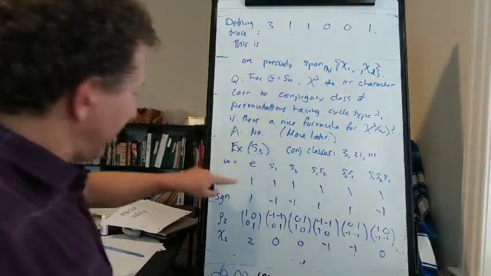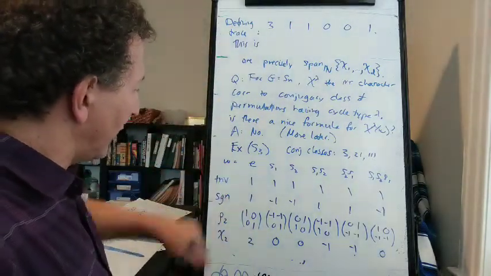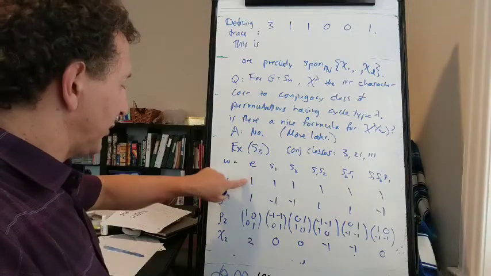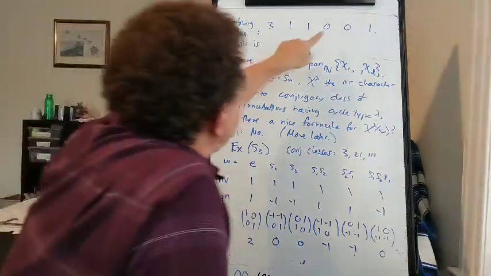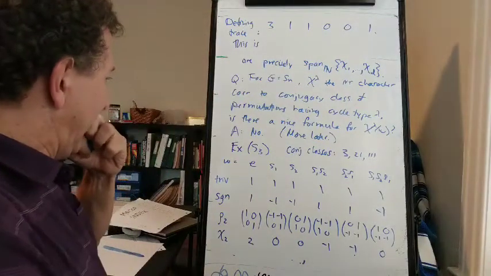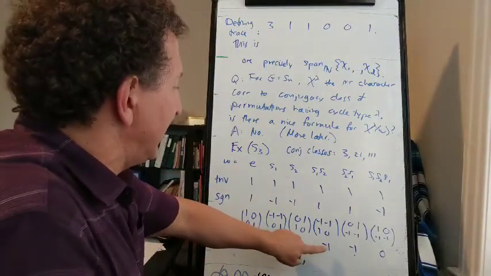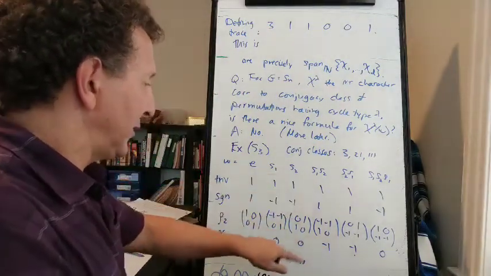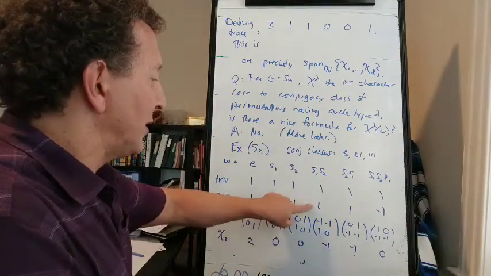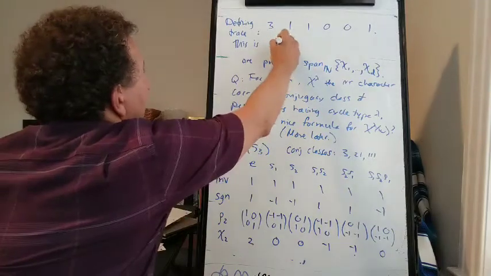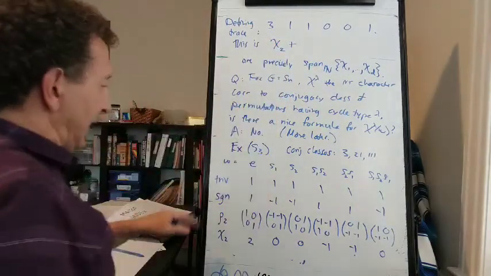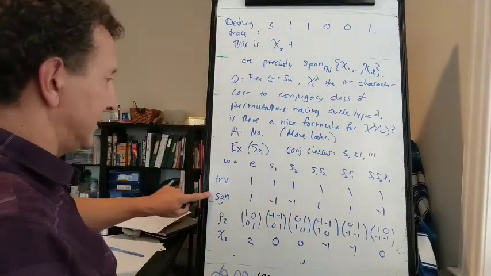Well, the 3 could be 2 plus 1 or 2 plus 1, or even 2 of these plus 1 of those, or something like that. But the zeros have to be negative 1 plus something. So it'd have to be negative 1 plus 1 or negative 1 plus that one. So this would have to be chi2 plus either trivial or sign.